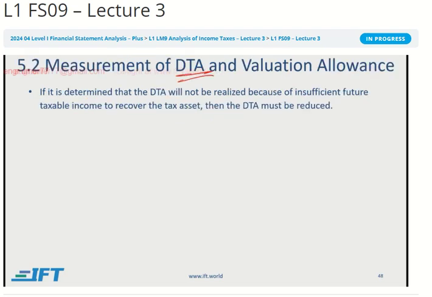Now, with respect to deferred tax asset, let's say you paid extra, right? As per your tax expense, you thought you should have paid 10, but actually the tax paid is more. Let's say the government took from you 16, right? So you paid 6 extra.